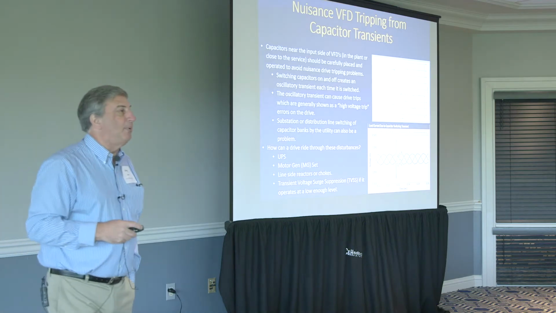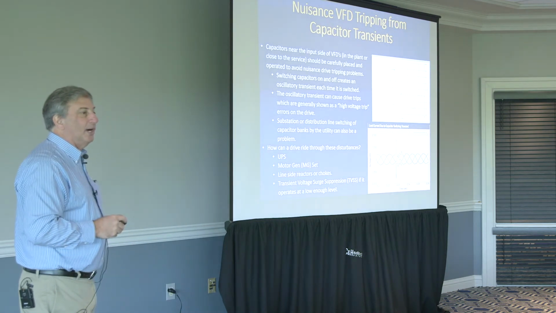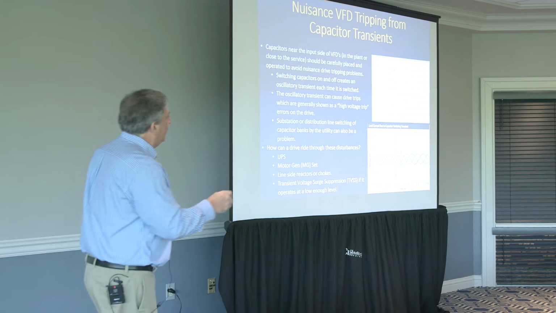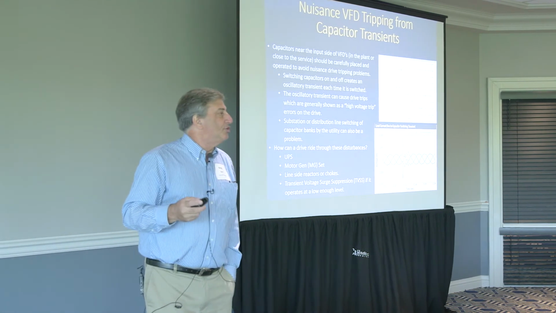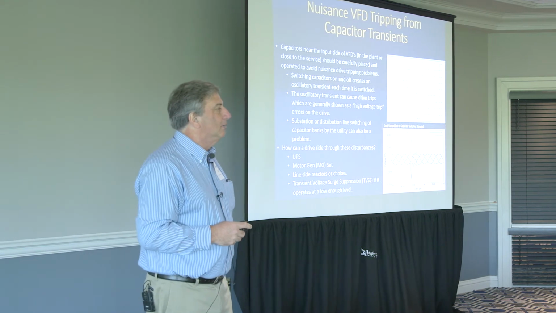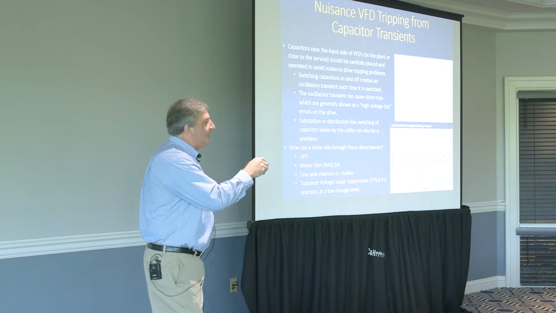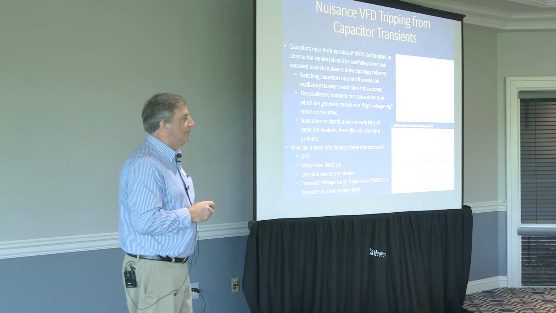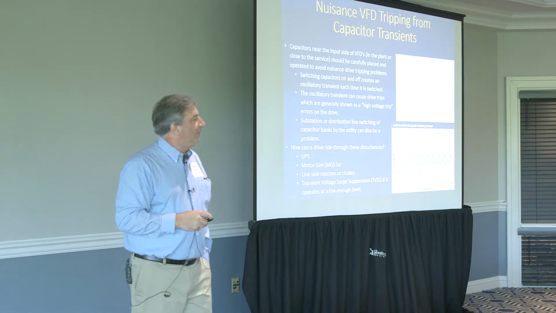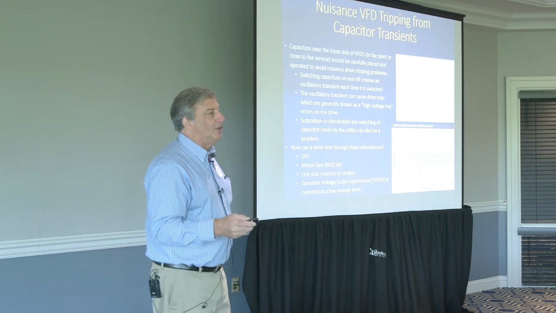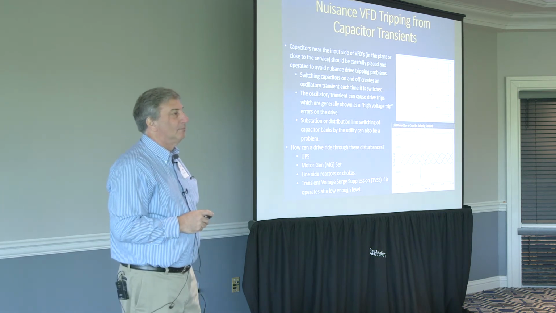There are some people that have had some success using a transient voltage surge suppressor. The idea was, well, that's a voltage transient or spike, so I'll use a surge suppressor to mitigate it. The problem tends to be that many of these oscillatory transients from capacitor banks aren't big enough to hit the level where the standard surge suppressor is going to suppress.